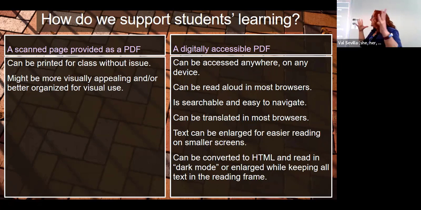Text can be enlarged for easier reading. Those of you my age or above might really understand why this is important. And it's good for reading on smaller screens too. And it can be converted to HTML and read in dark mode or enlarged while keeping all of the text in the reading frame.